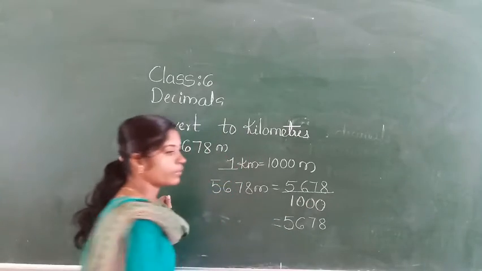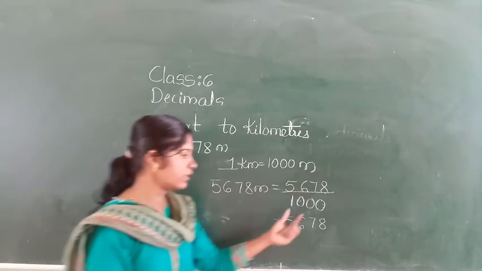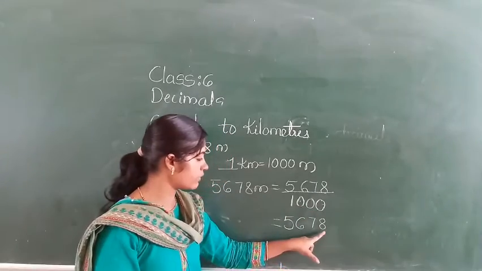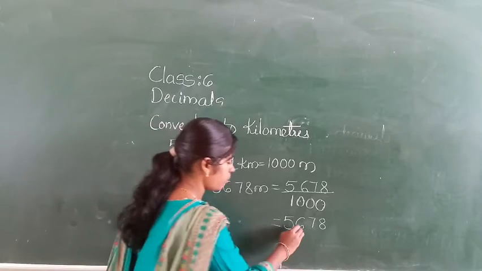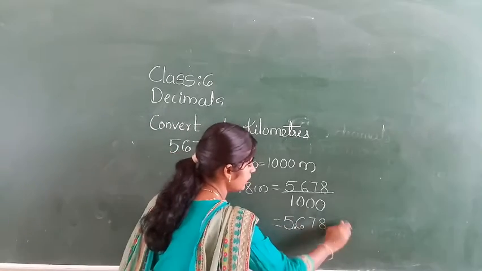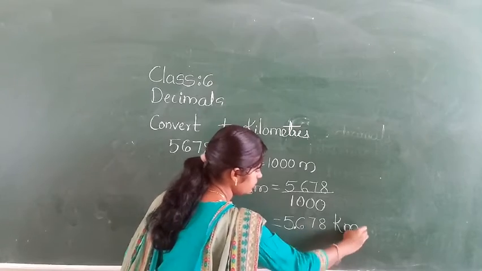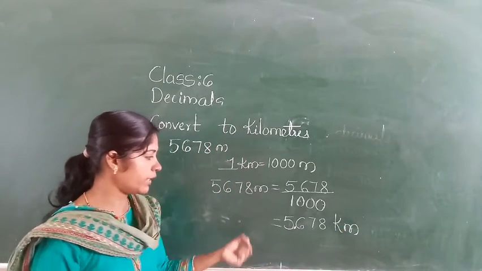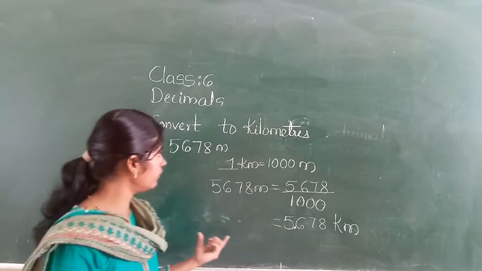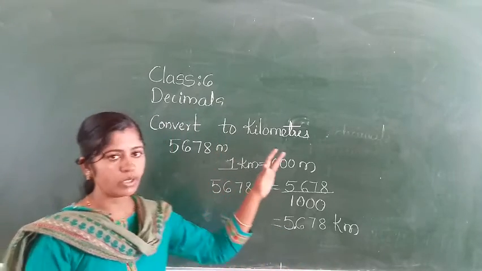Then tell me after how many digits I need to give your point? After 3 digits, because in denominator 3 zeros are there. So give here 1, 2, 3. So the point will come here and write here kilometer, not meter. 5.678 kilometer. This type you have to convert meter to kilometer.